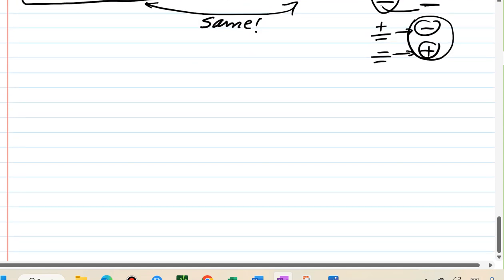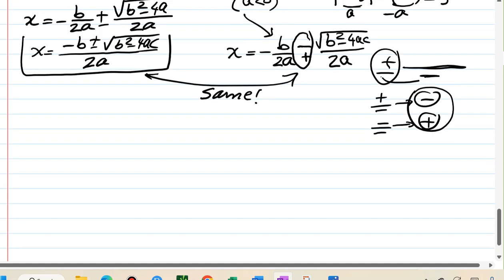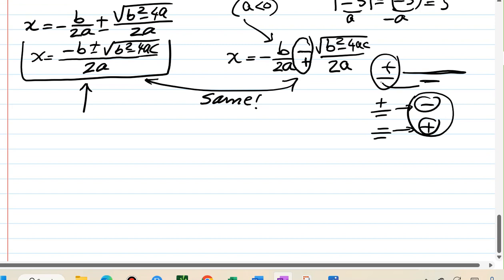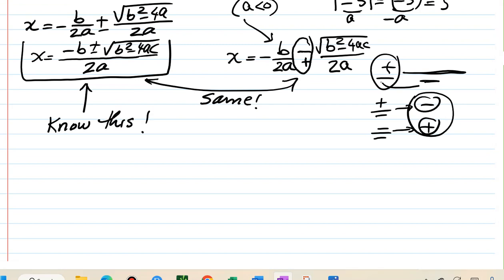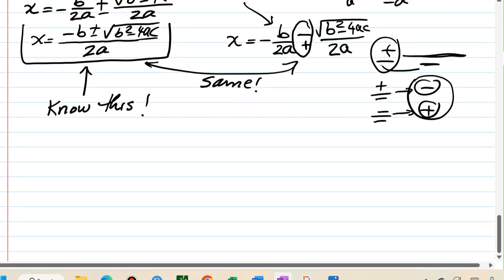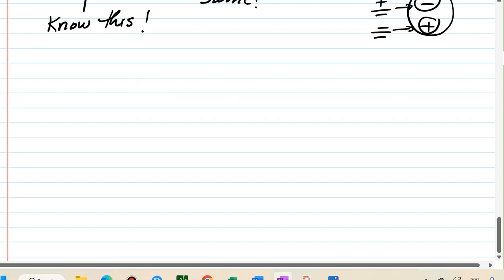All right, now what are you responsible for? Ultimately, this is it. Know this. There you go. That's the one we want to learn about. They're both the same again, but that's the one that's often in textbooks. Now with quadratic formulas, it's really like using canned food.